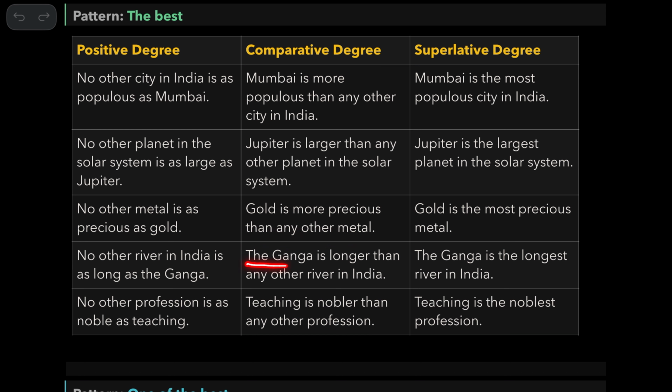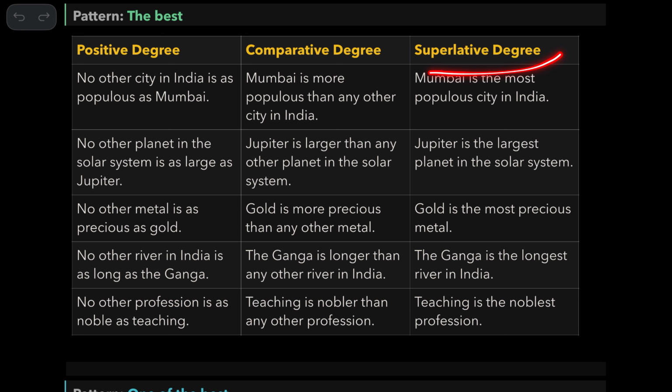The Ganga is longer than any other river in India. Teaching is nobler than any other profession. Look at all this: than any other, than any other. This is common in all these sentences when the adjective is in the comparative degree.